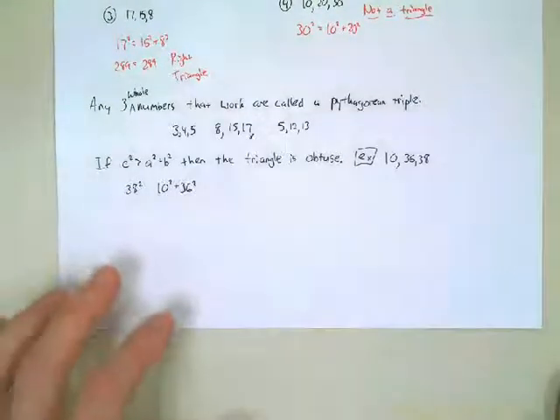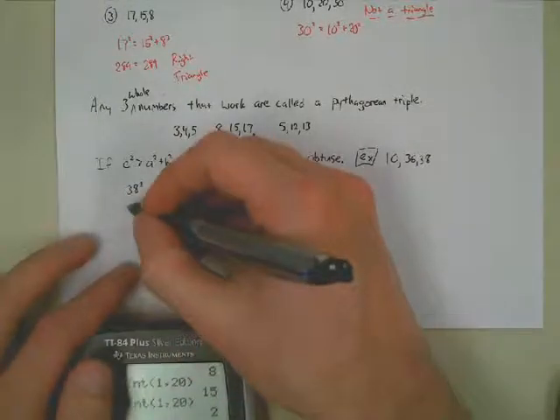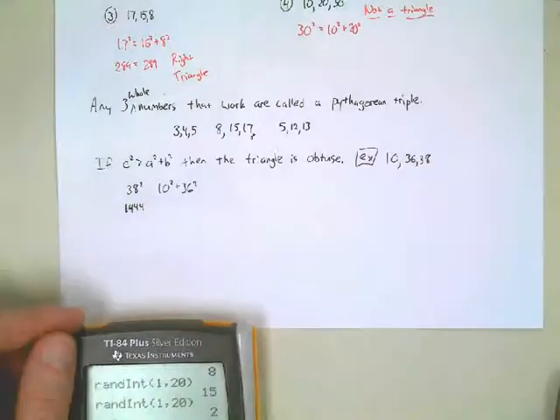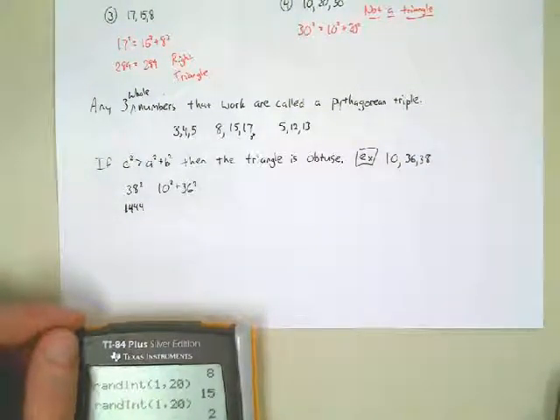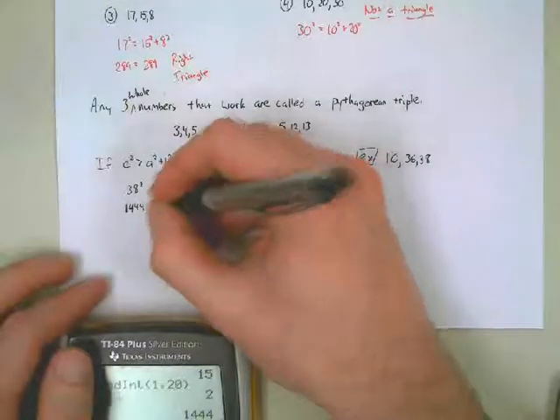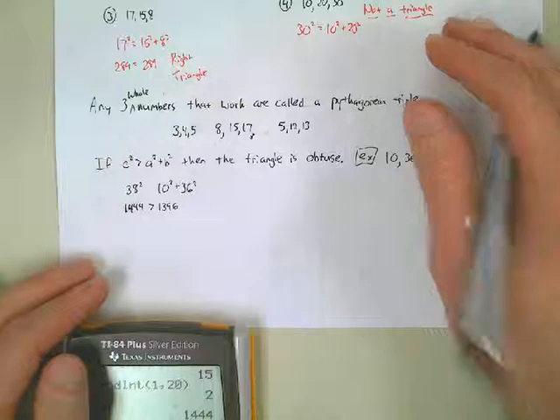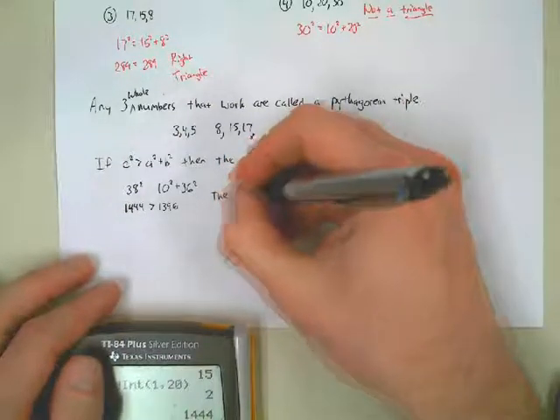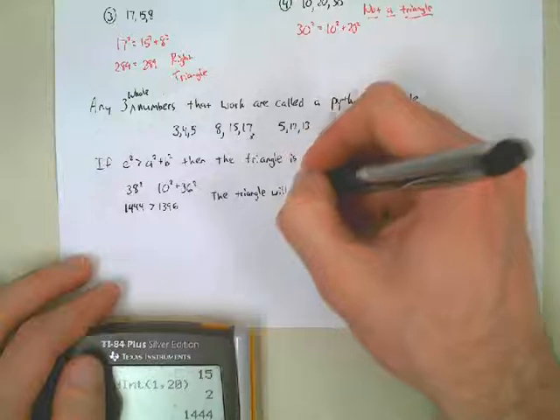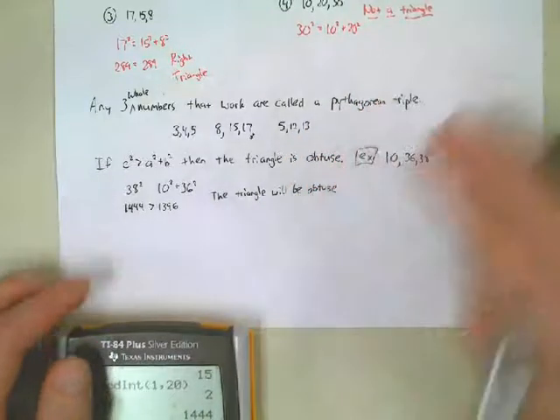So 38 squared, let's see what that is. 1,444, and then 10 squared plus 36 squared gives me 1,396. So since c squared's bigger, this triangle will be obtuse, if we were to construct it using those sides.